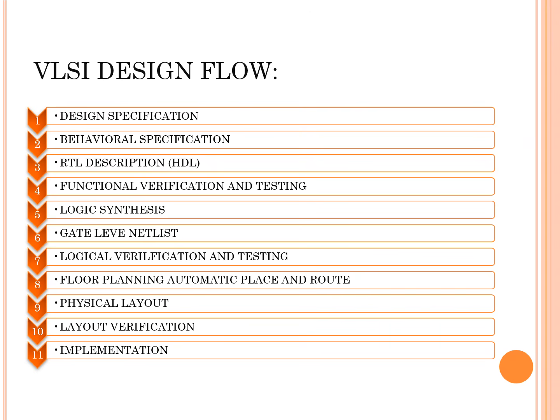Here we describe how the chip should behave logically, usually using flowcharts and algorithms. Then we move to the RTL design, written in HDLs like Verilog or VHDL. This is where the actual digital logic of a circuit is described. After coding, we do the functional verification to make sure the design behaves as expected before moving forward.